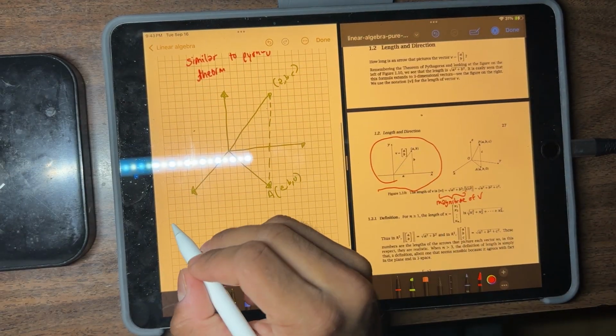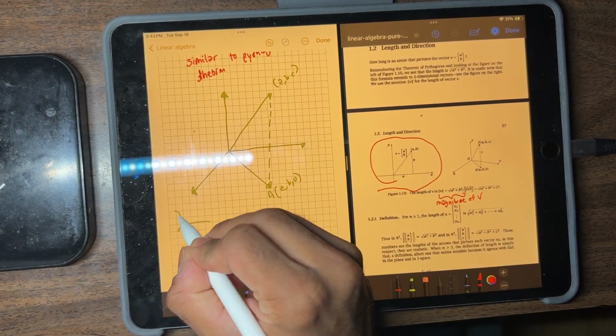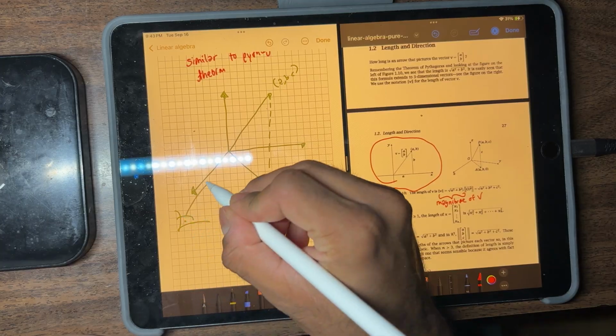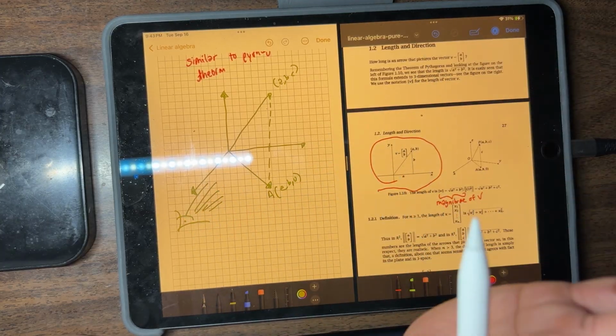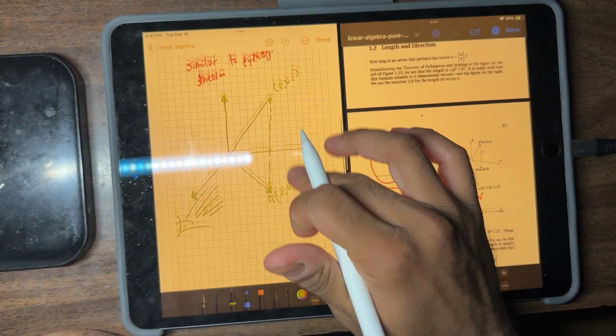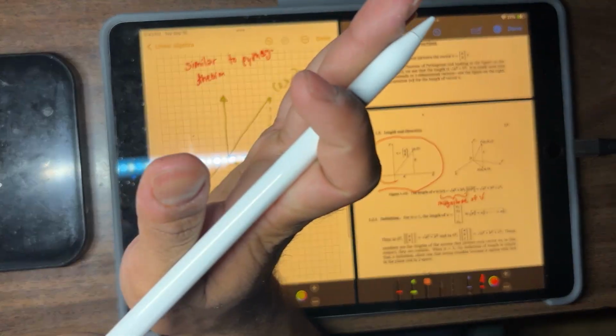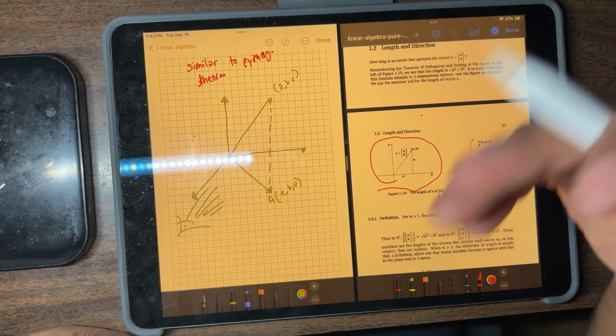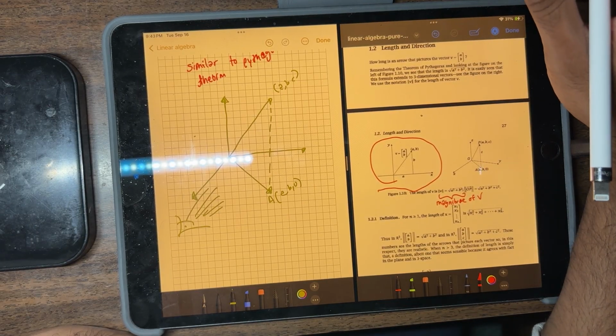If I look from this side, my right angle triangle will be facing that way.